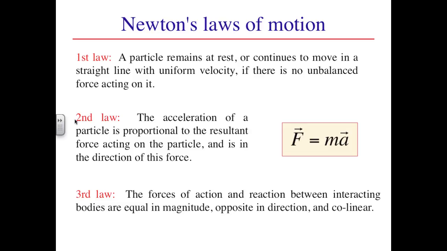For a particle, we have the equation shown here, which is simply F equals ma, or the sum of all the forces acting on the particle equals mass times acceleration. And for a body, the governing equation is the sum of all the forces equals mass times the acceleration of the center of gravity.